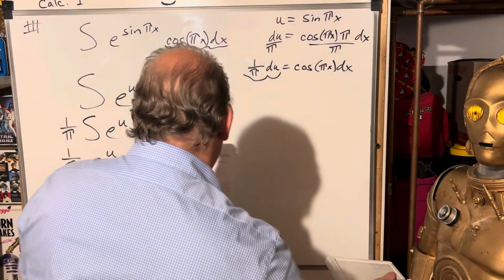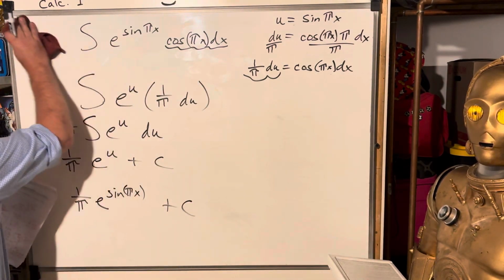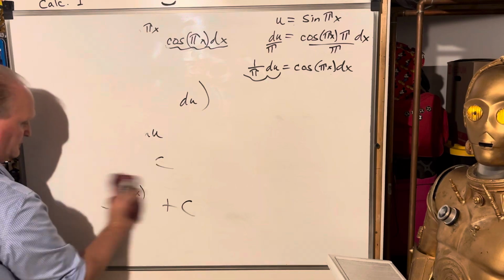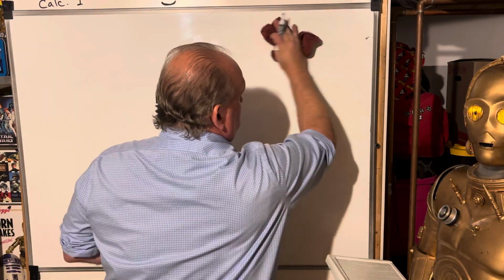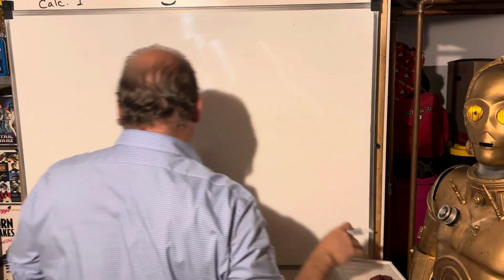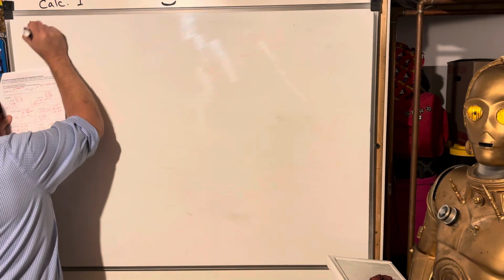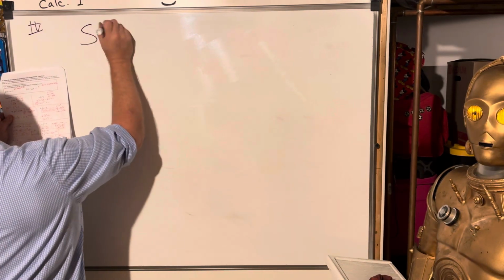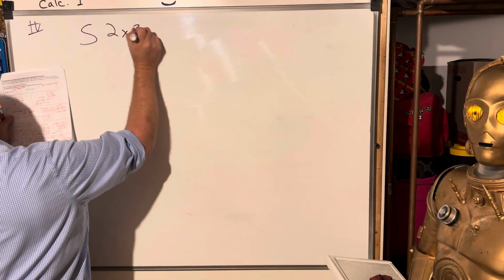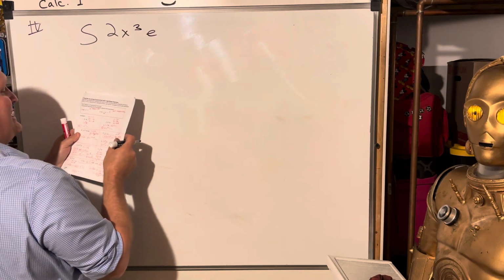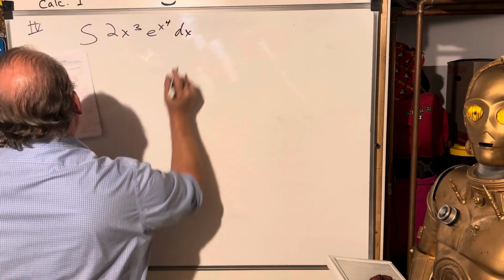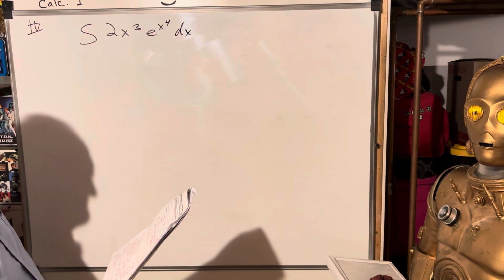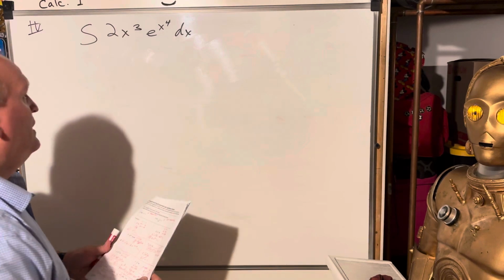Let's look at 4. So we've got the integral of 2x to the third e to the x to the fourth dx. Interesting. All right.